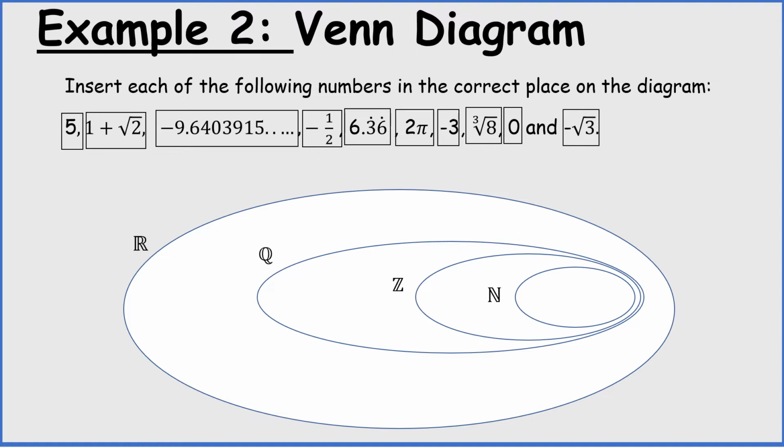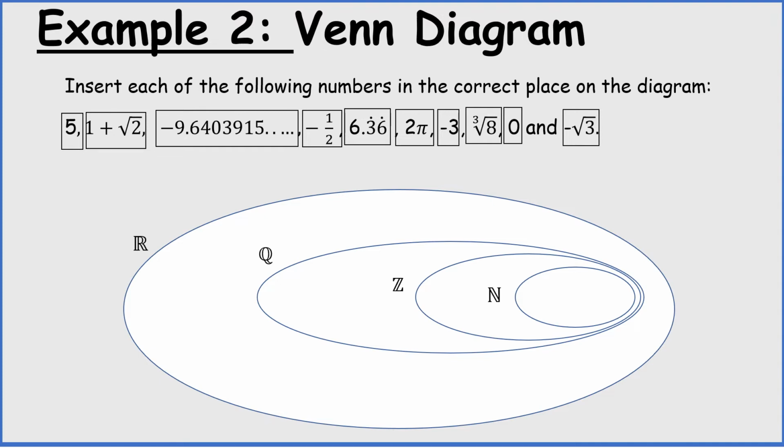There's no recurring dot on top of any of the numbers, so we're assuming then that it will continue in some kind of way. We have minus a half, we have 6.36 recurring, we have 2 pi, we have minus 3, we have the cube root of 8, we have 0, and we have minus root 3.